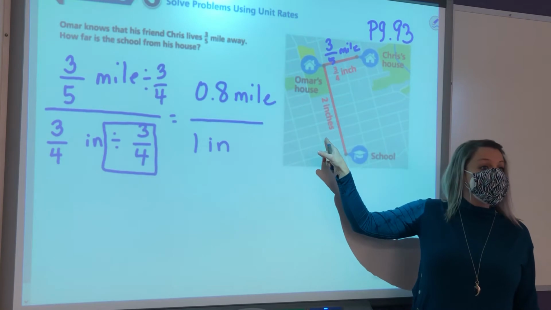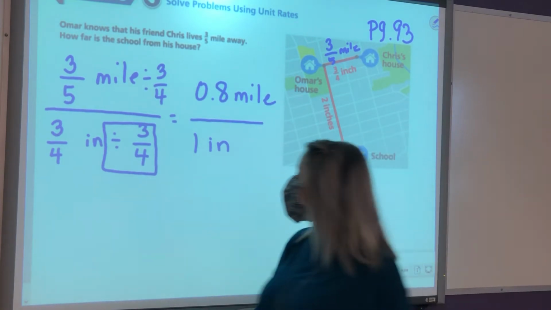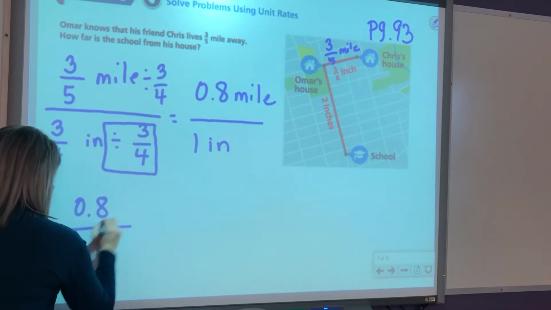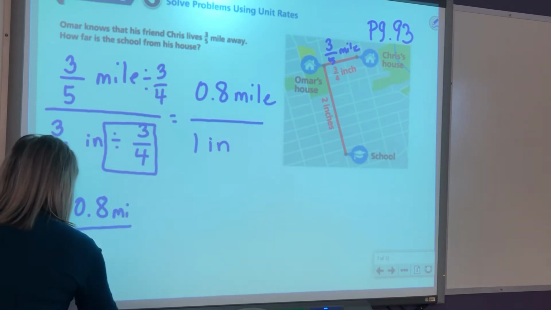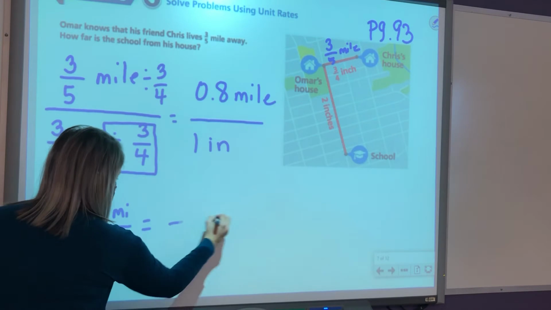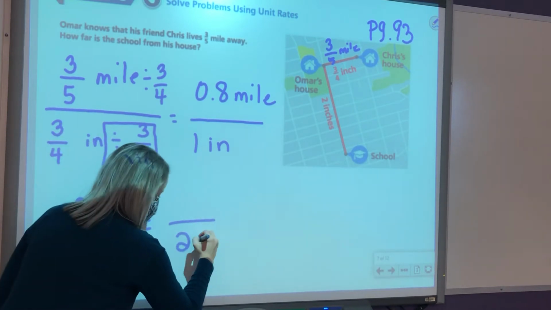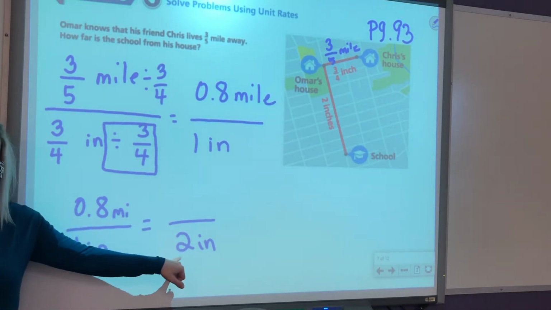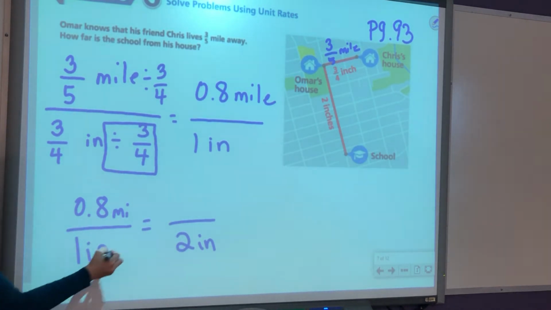The school is 2 inches away. So I have 8/10 of a mile is equal to 1 inch. But again, I don't want 1 inch. I want 2 inches. So you have to multiply by 2, because we have to scale up. We have to go from 1 to 2, so we need to scale up.